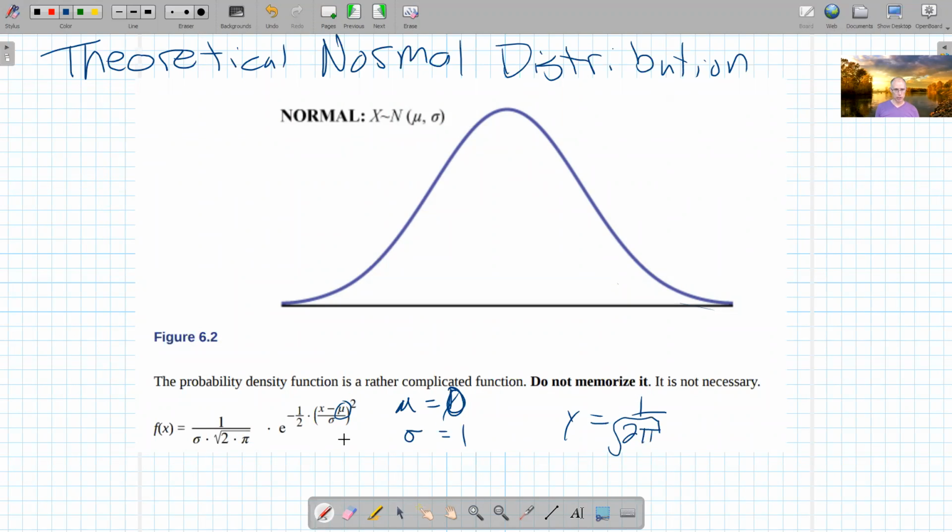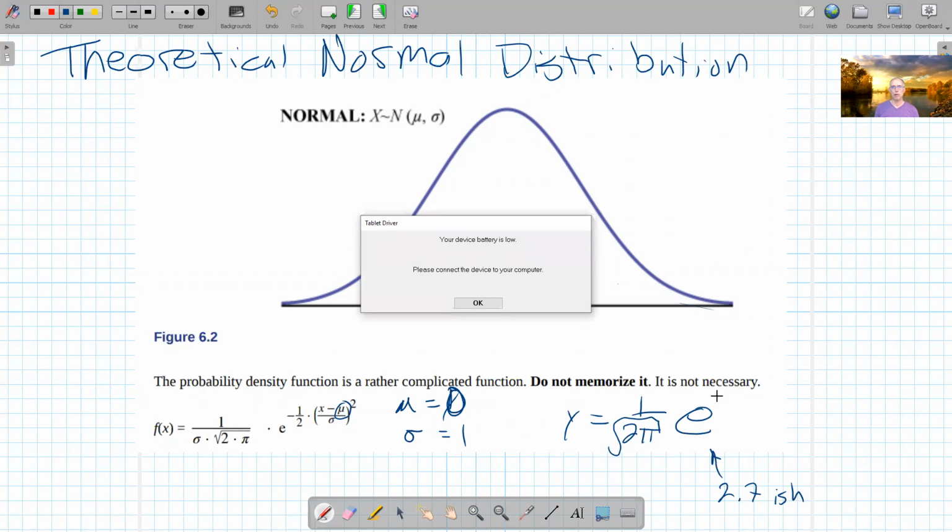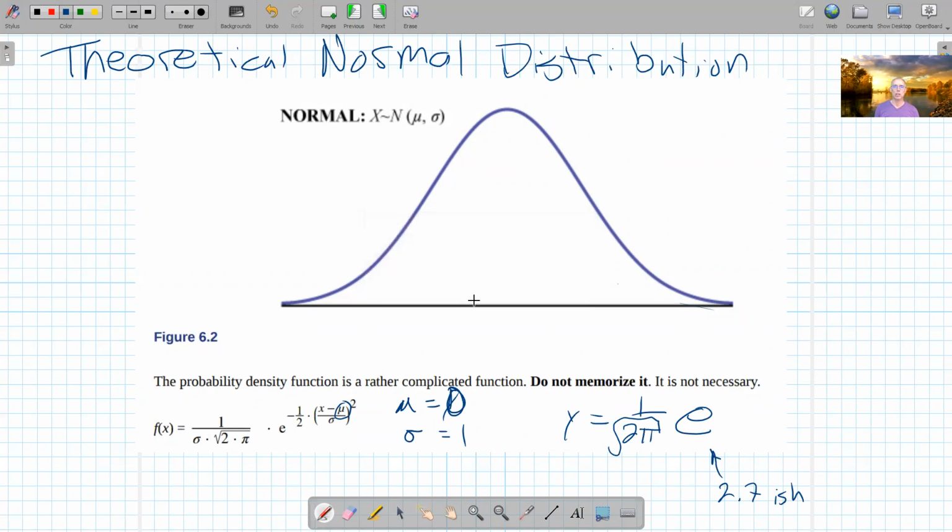That is a 0, so I have x minus 0, and that's a 1. x over 1 is x, so then I would get e, which is, I don't know if you guys remember e, it's like 2.7-ish. It's kind of a special number like pi.